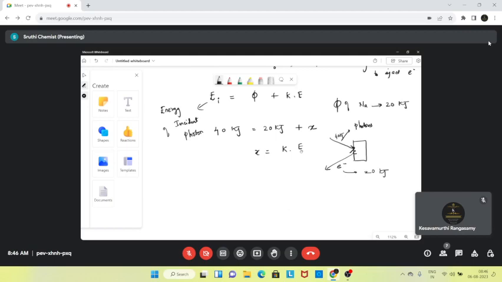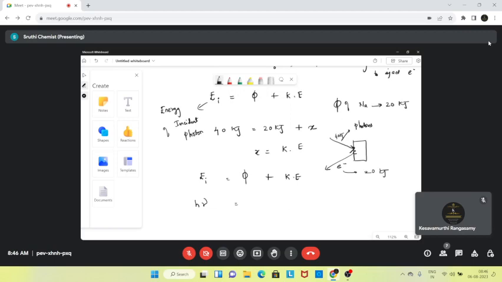Now we can replace the formula. Let's write the formula again. EI is equal to work function plus kinetic energy. So EI, let's mention as h nu. And in terms of h nu, will you tell me what is the work function? H nu naught, ma'am.